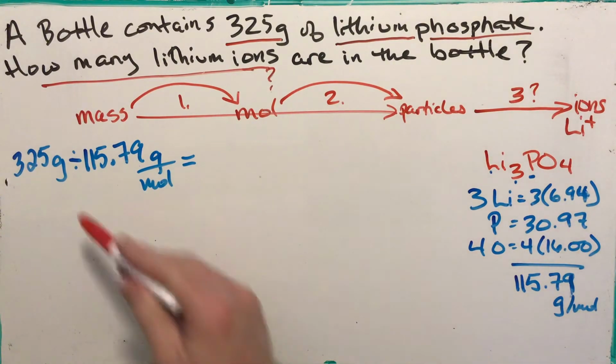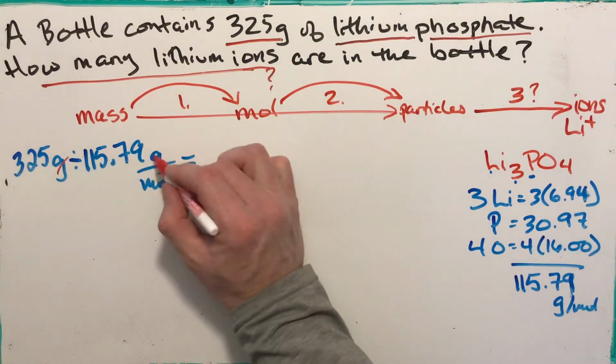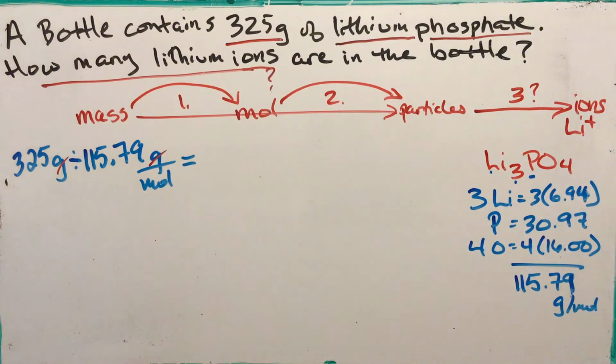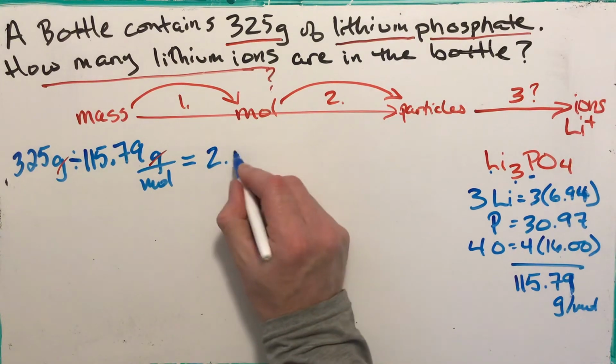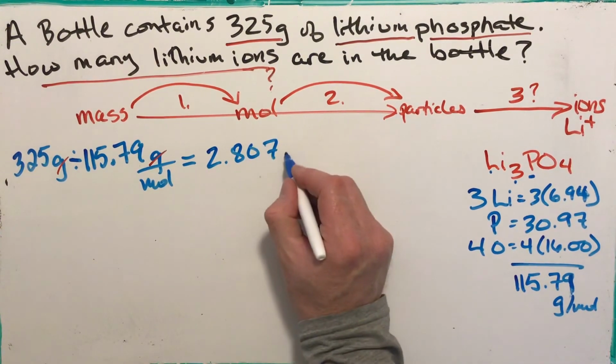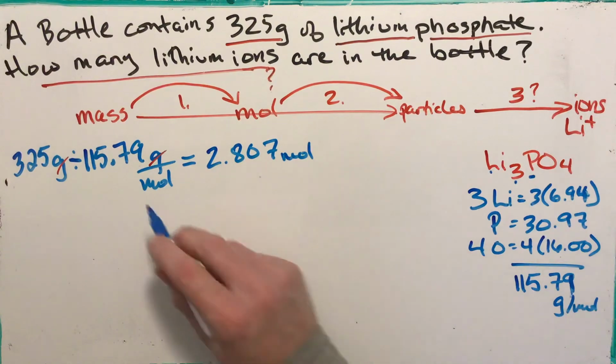And I know that grams divided by grams will cancel out those grams. So grams divided by grams is no grams, and I'll be left with moles. And when I do that, I put that into the calculator Matic 3000, and I get 2.807 moles.